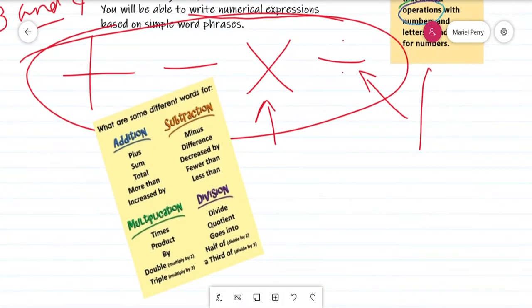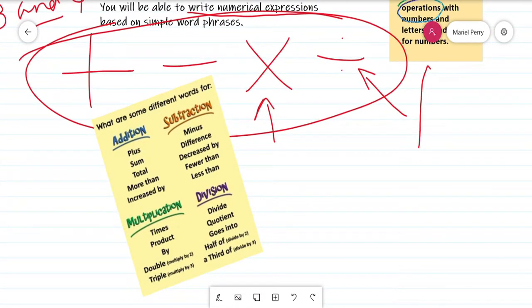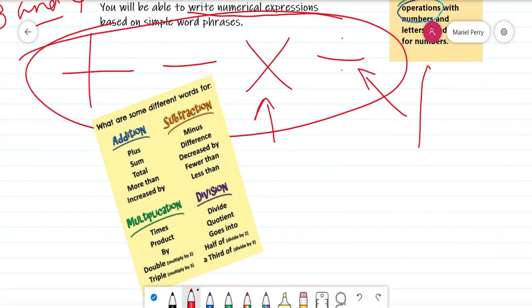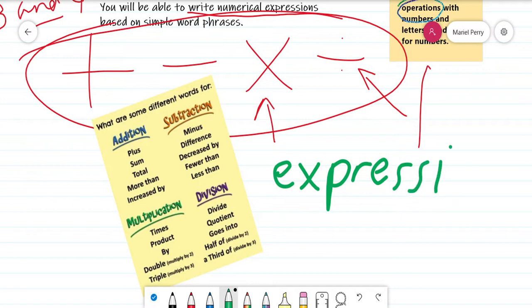Now, the word expression, let's go a little more into that particular word. The word expression has a very particular definition, especially in math. The word expression means to record an operation with numbers and letters.